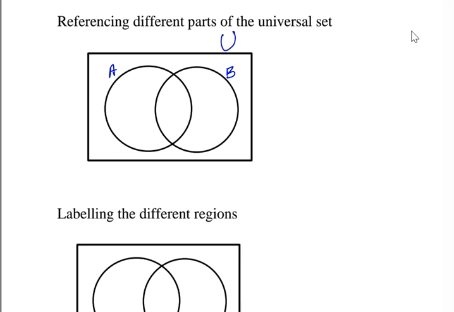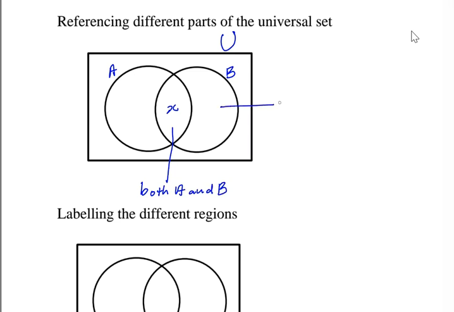Now, if a student lies in this region here, the student is in both A and B. So this region is described as both A and B, or we could say the students in the class who do both accounts and biology.